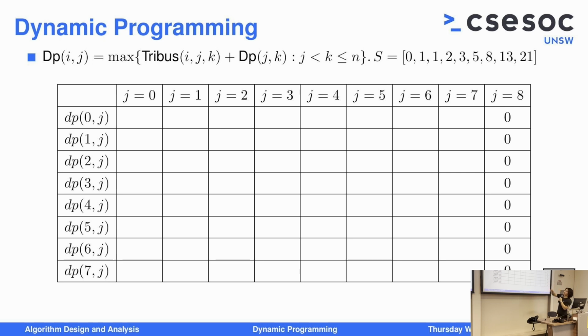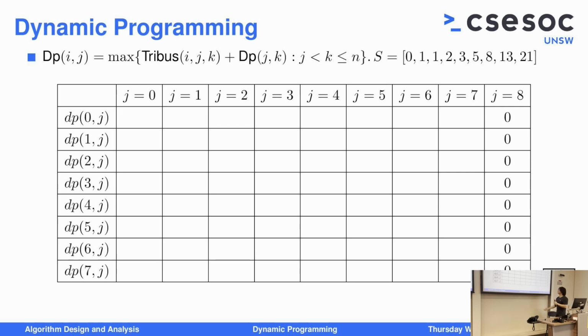If we look at this, dp of 6, 7 is a max over this, right? And what does it depend on? Well, it depends on everything in dp that starts with 7, dp of 7, k. But k is also strictly greater than j, and if j is 7, what does that mean k has to be? Well, it has to be 8.